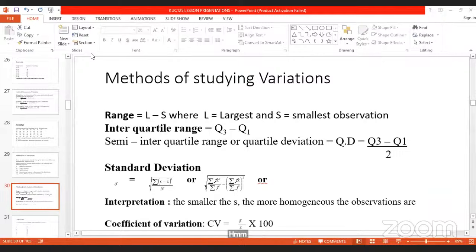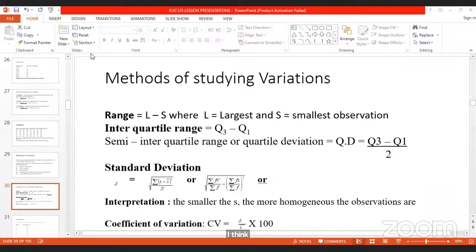And this, therefore, is good in terms of interpreting how similar the observations are. Are they within the same margins? And we can confirm this by computing what we call the coefficient of variation.